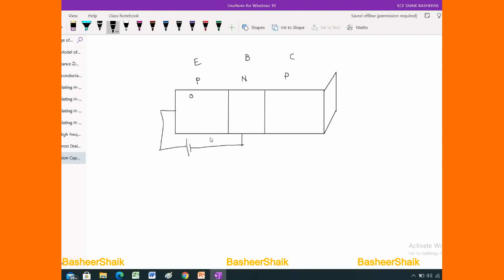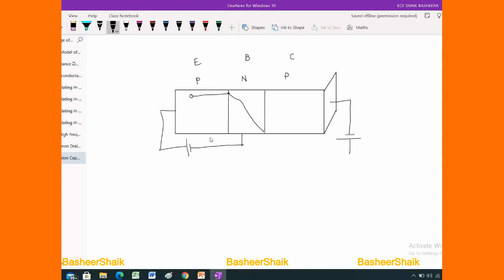The charge particles enter into the base, and these accumulated charge particles move directly into the collector region due to the early effect, as the collector is connected to a heavy negative voltage.